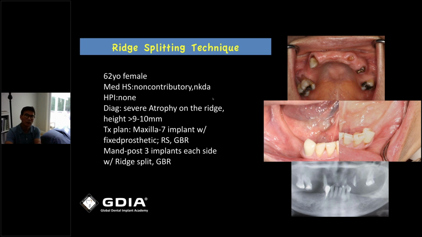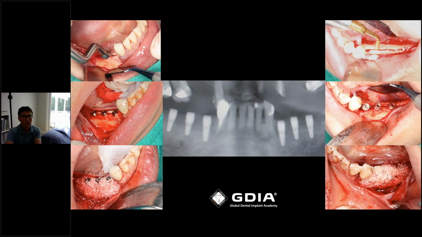So I do the ridge split on both lower right and left sides, and also the upper. The height was not really a problem, and health-wise she's very good. So we just do the split ridge expansion at the same time. On the right side, it's a little shy in the premolar area, but I have to maintain the 2 millimeter rule.